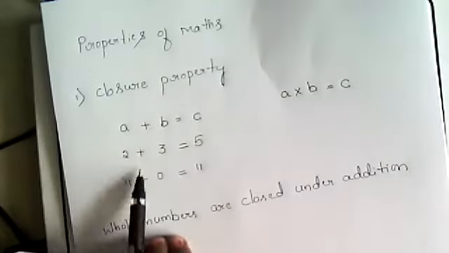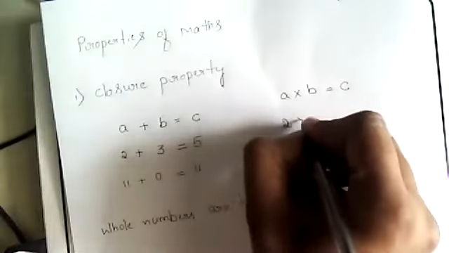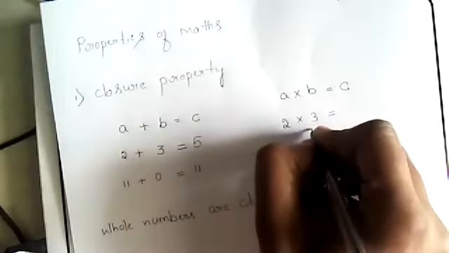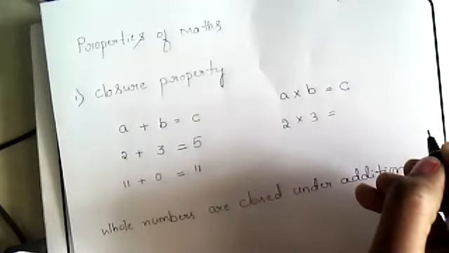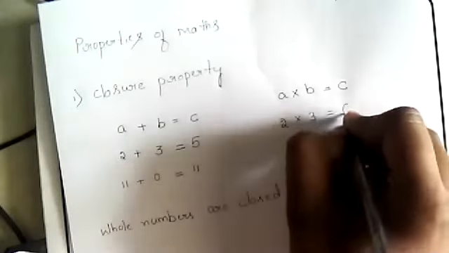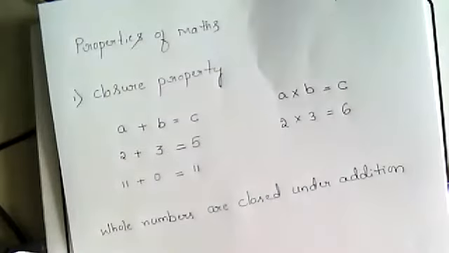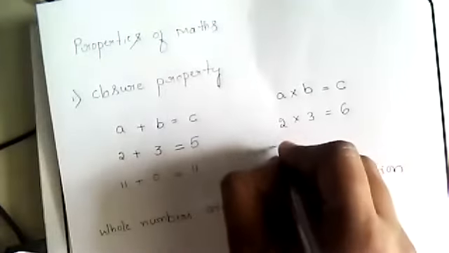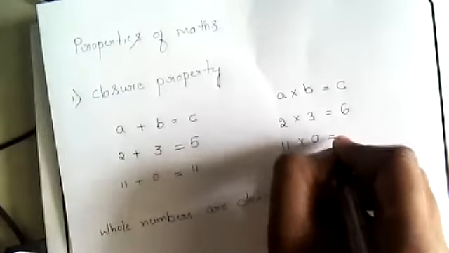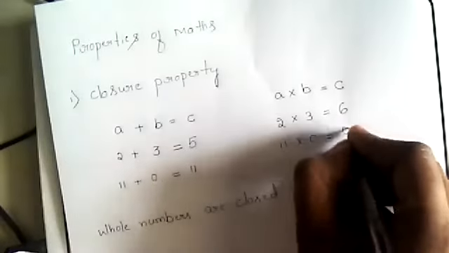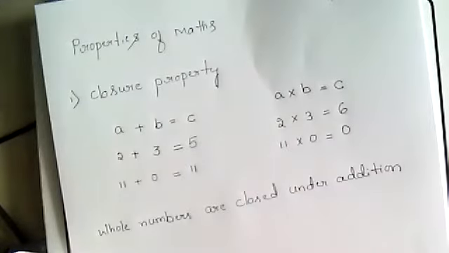I will take the same numbers. 2 into 3 equals, 2 threes are 6. 2 is a whole number, 3 is a whole number, and 6 is also a whole number. If I take 11 into 0, 11 zeros are 0. So this is also a whole number.